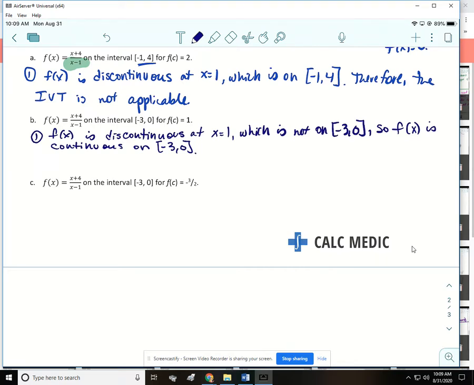All right, then for number 2, we need to find f of -3 and f of 0. All right, so we'll put -3 in for our x's, and we're going to get 1 over -4, or -1/4. We put 0, we get 4 over -1, or -4.